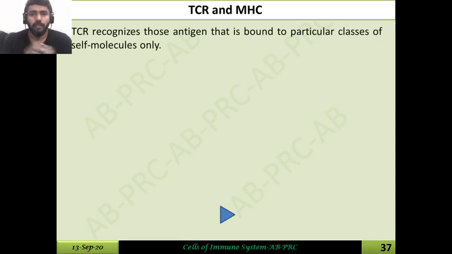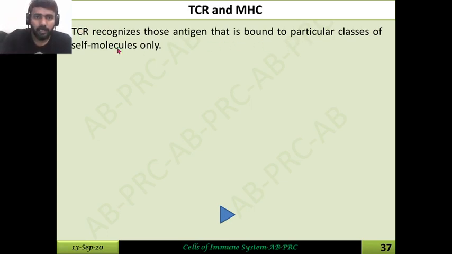So the first point is that the T cell receptor recognizes this. You have to listen very consciously to these things. T cell receptors recognize only those antigens that are bound to particular classes of cell molecules, right?